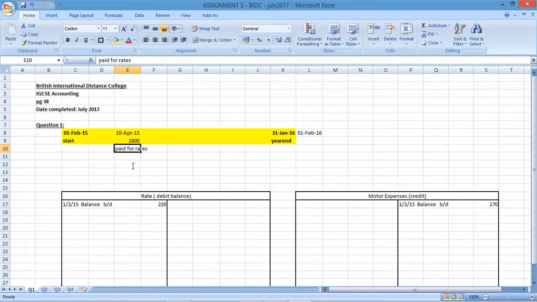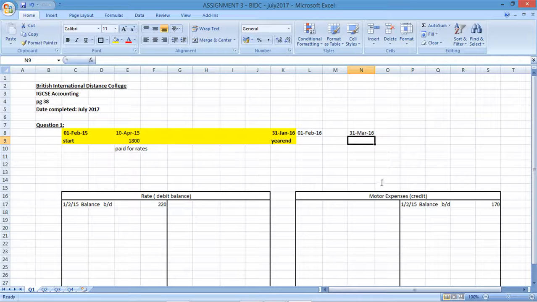This was for the year ended 31st March 2016. We need to put that in. Let's read that again. On 10 April 2015, Paul paid 1,800.